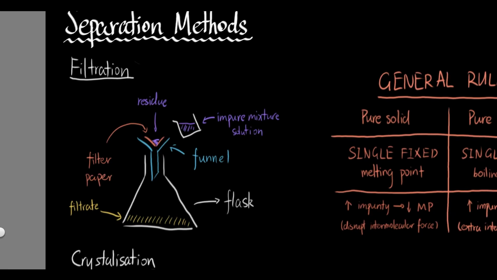This is used when you have an impure mixture of a solution or something else, or if you have some residuals inside that mixture or solution. Let's say you are making crystals of copper sulfate, and you added a lot of copper oxide into the sulfuric acid solution. Then you would need filtration to get rid of that solid part, and that's what filtration is all about, really.